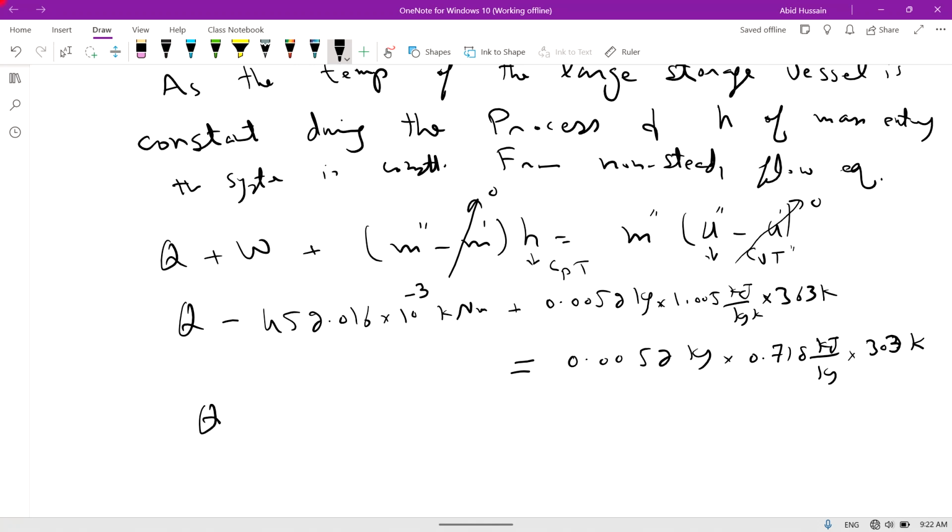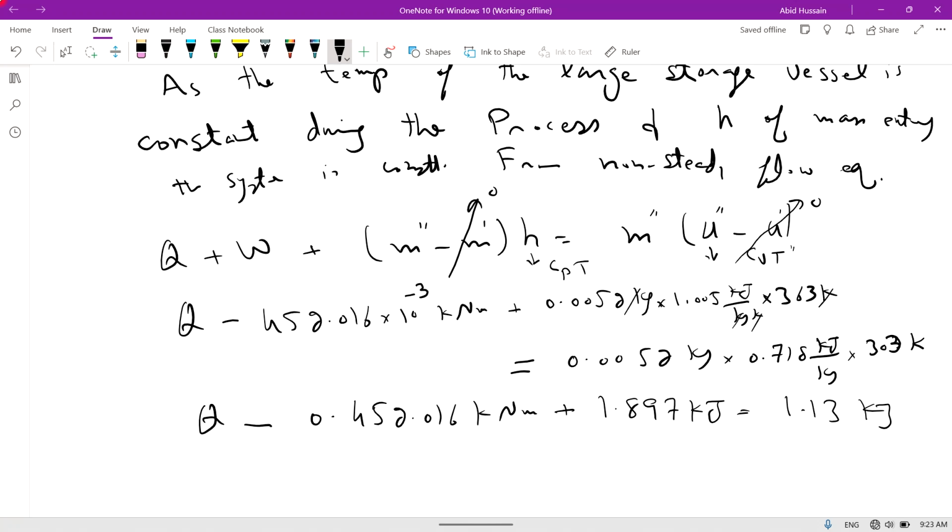Now Q minus 0.452016 kilonewton meter, plus multiplying these three values, the answer is 1.897 kilojoule. Kilogram will be cancelled with kilogram, Kelvin will be cancelled, so this will be kilojoule. Multiplying these three terms, the answer will be 1.13 kilojoule.